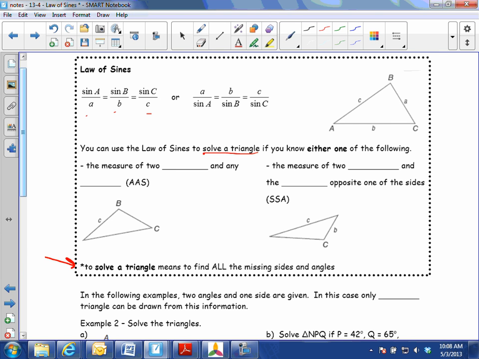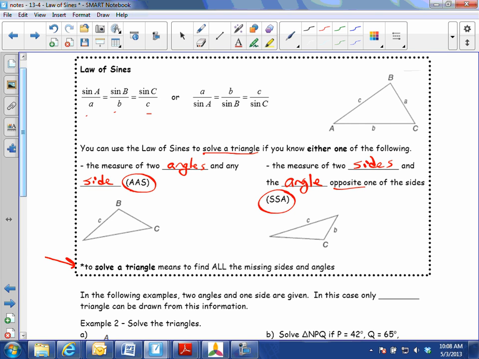To use the law of sines, you have to know one of the following. Either you're going to know the measure of 2 angles and any side, or you're going to know the measure of 2 sides and an angle that's opposite one of those sides.